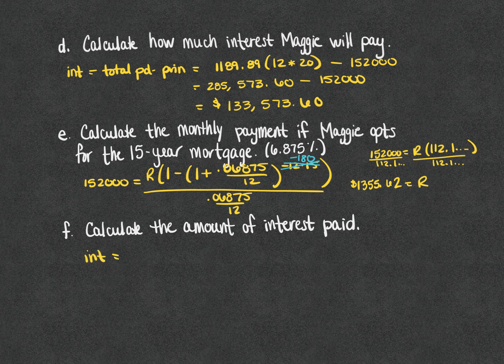We want the total amount paid, so $1,355.62 every month for 15 years, minus the principal of $152,000.